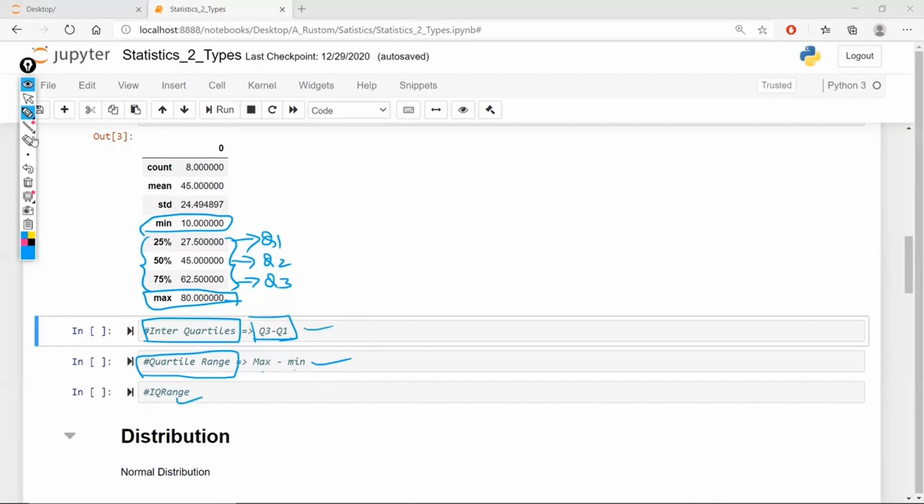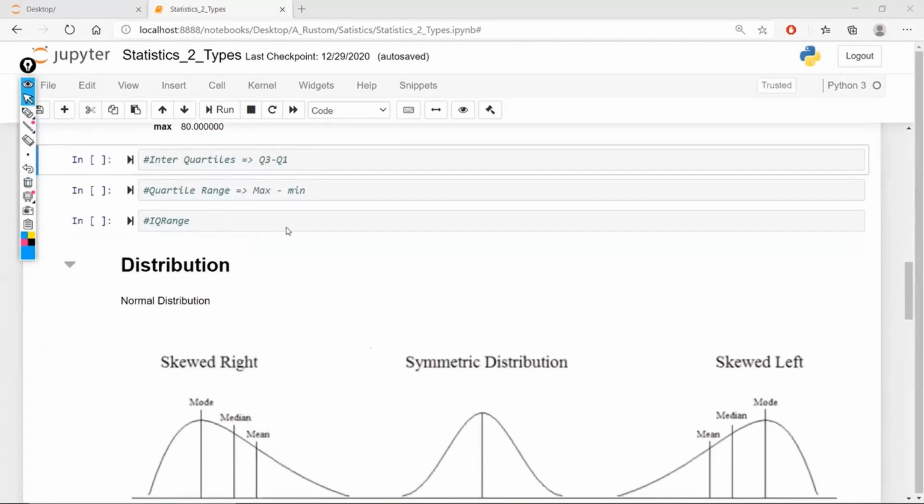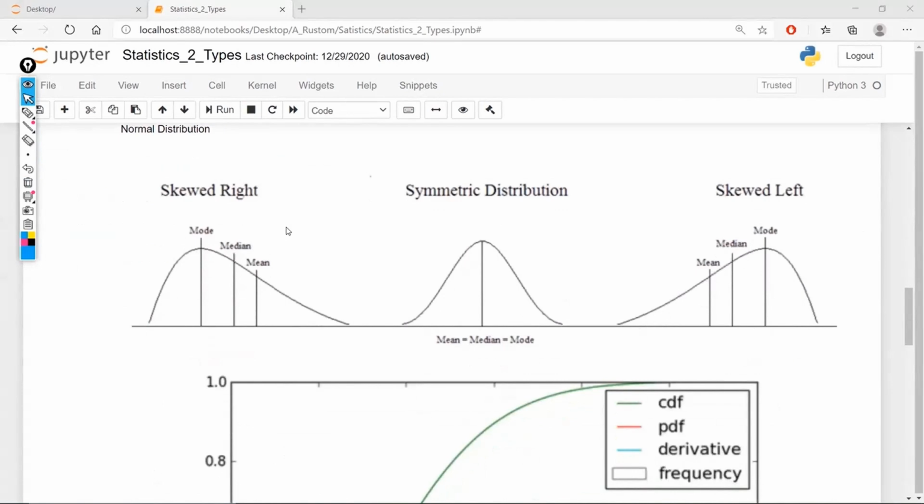All right. Now let's understand distribution. How do we understand this distribution? As of now, we'll just talk about a normal distribution and some skewed data, things like that. If you look at a symmetric distribution, the data is basically symmetric.